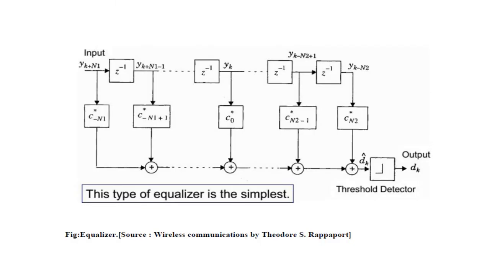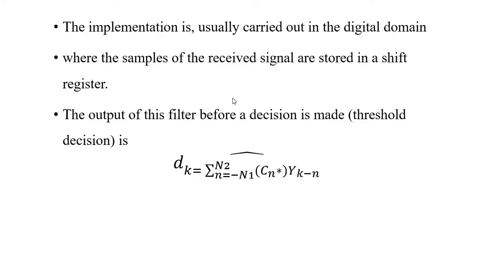And finally, the output of the filter we normally represent by the expression dk bar is equal to summation from minus n1 to n2 of cn star into yk minus n.